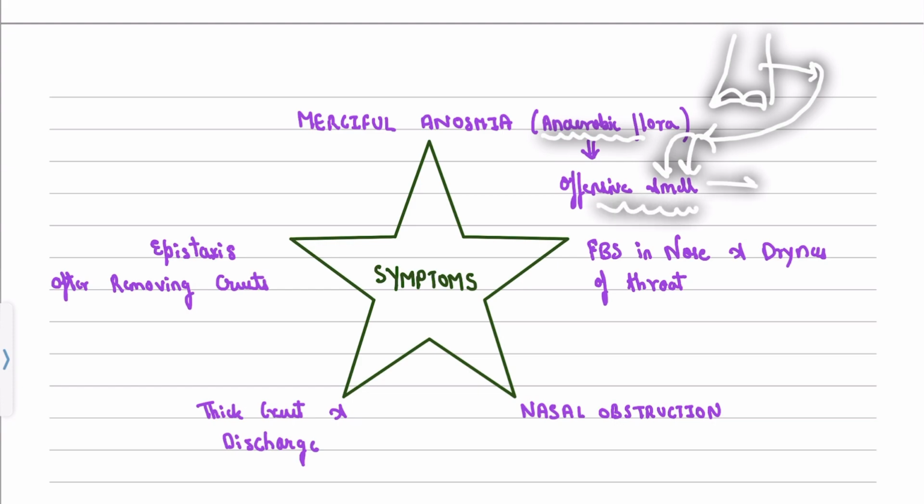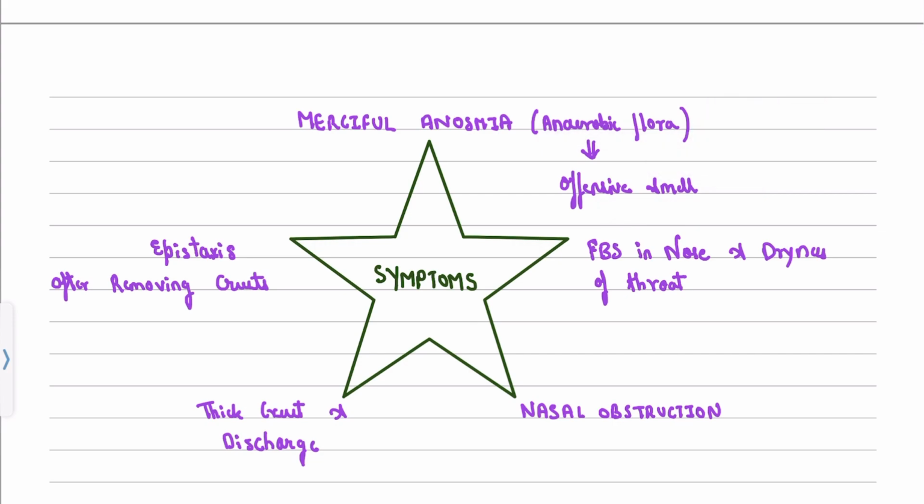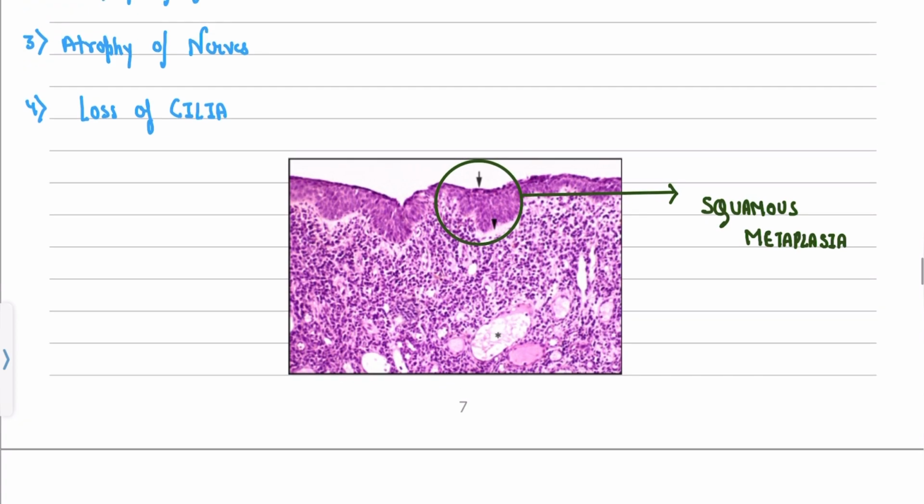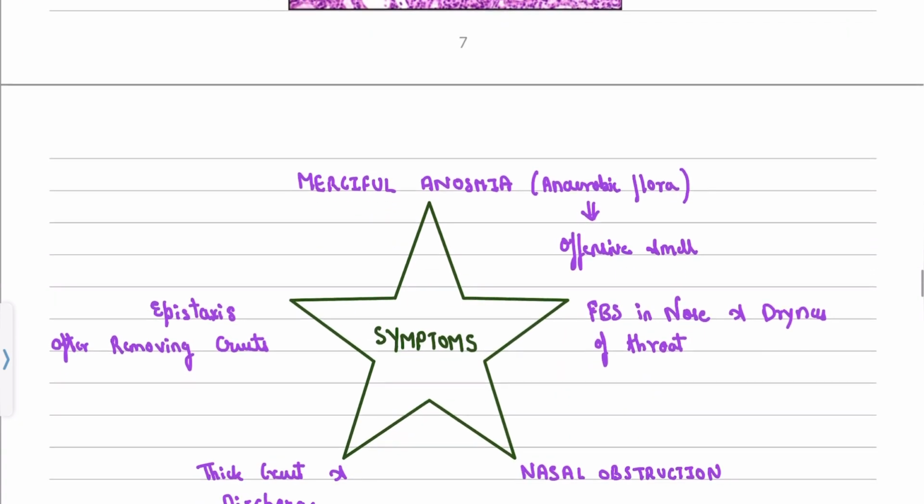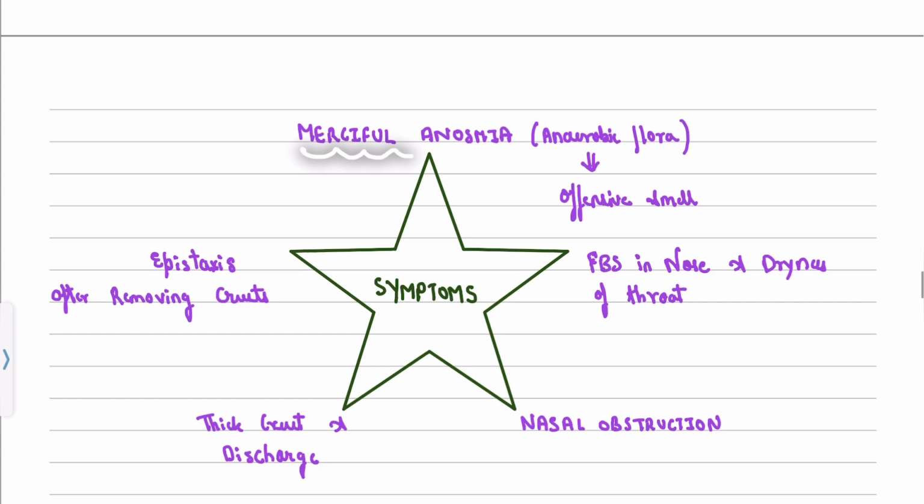This offensive smell is perceived by the persons surrounding the patient, but the patient is himself unaware of this bad smell because he is anosmic. He cannot differentiate between smells because there is atrophy of nerves. So the patient does not know any bad smell is coming from his nose, whereas the people in the vicinity of this patient might smell it and get offended by the smell.